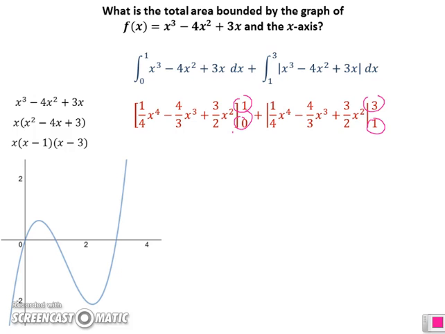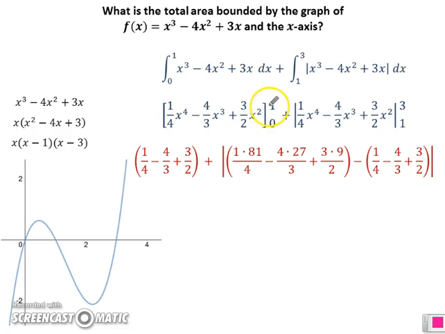So this is just a bunch of math, algebra really. We plug in our 1, we get 1/4, and 4/3, and 3/2. And then if you plug in 0, you're going to get 0 for all of these. So that's the first piece.